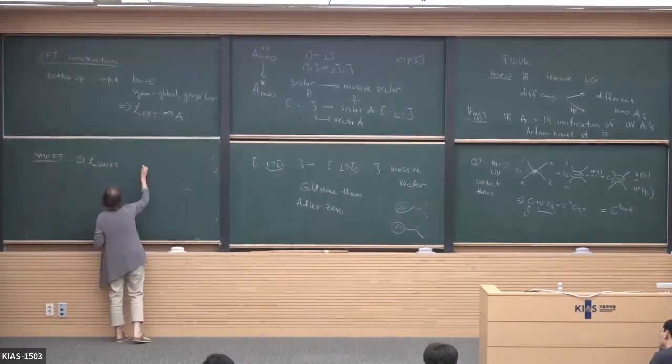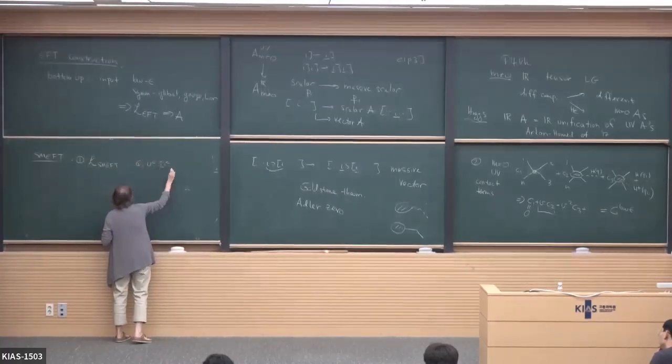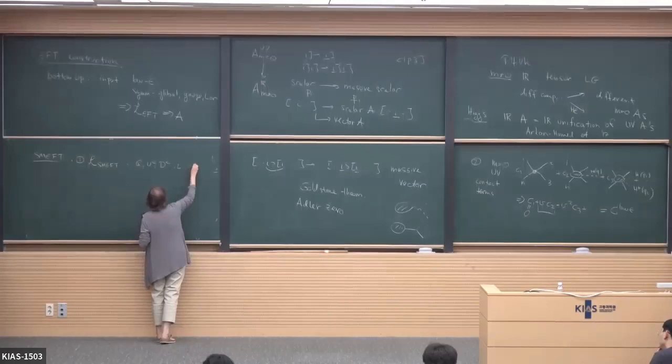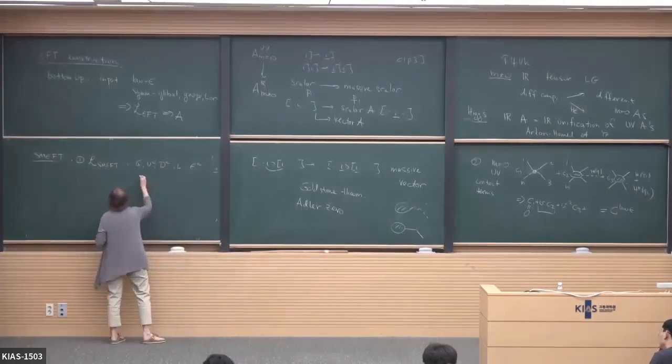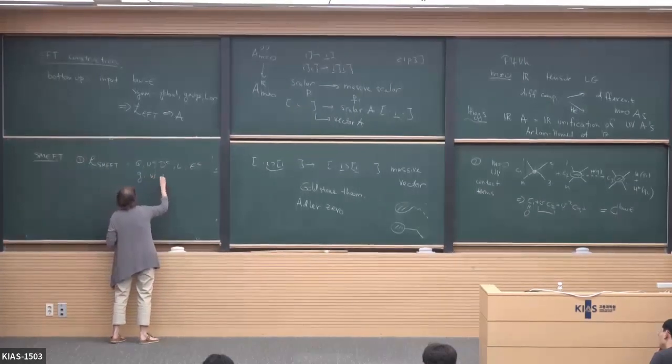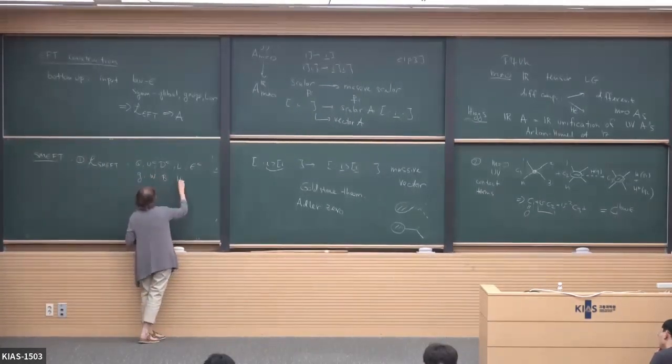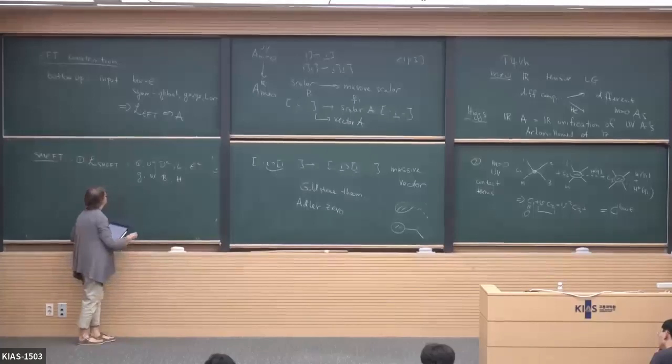So this involves all the standard model fields, Q, U, D, L, E, the gluon fields, the W's, the B, and the H doublet, the Higgs doublet.